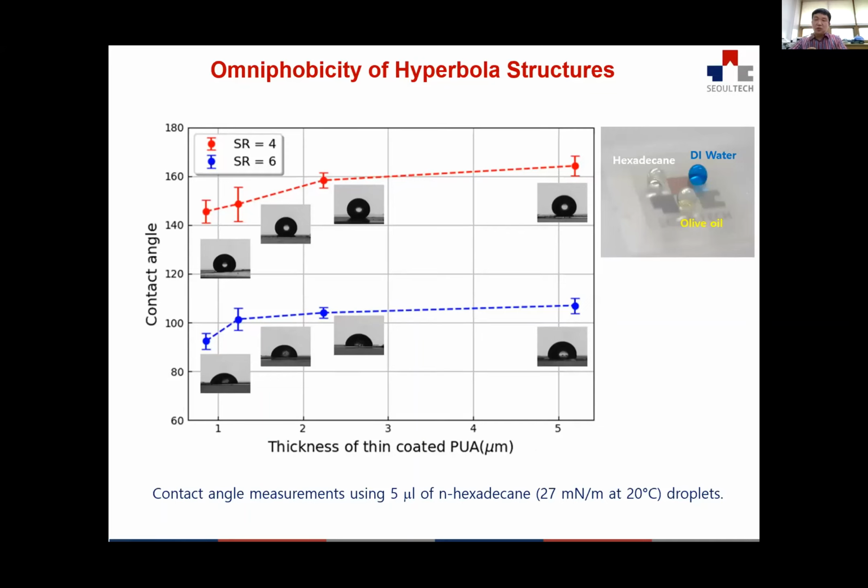And also, as you can see, it is transparent, and the hyperbola structures can show the liquid repellency with water and hexadecane and oil. So we can think that these structures can show the repellency with any liquid.